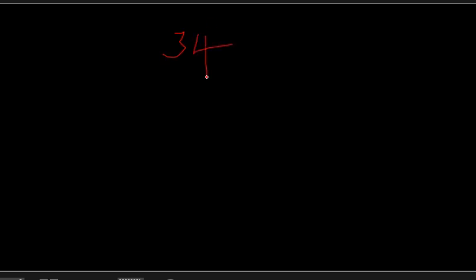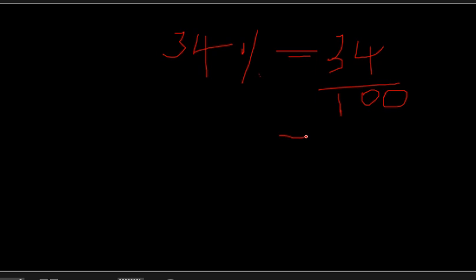As a fraction, it is 34 over 100, or in its lowest terms, 17 over 50. This is as a fraction. How about as a decimal? As a decimal, it will be 0.34. That is the expression as a decimal.